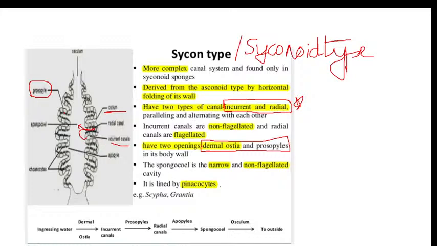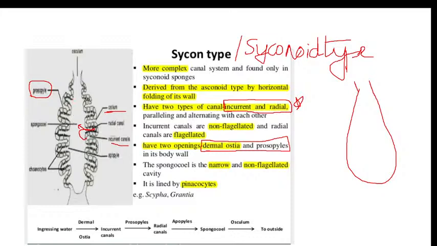Then the spongocoel is narrow. Compared to the ascenoid type, you can see what ascenoid was, it was simply like this. Ascenoid was a simple arrangement. The spongocoel was large in the ascenoid type, but here the spongocoel is narrow and non-flagellated.